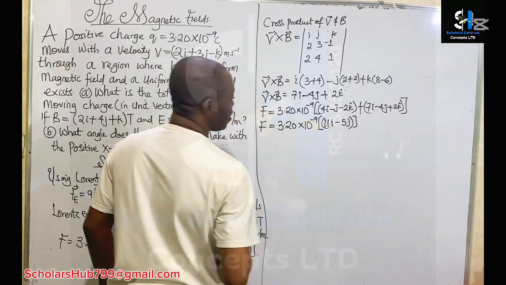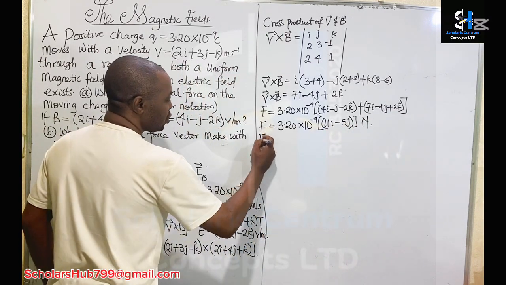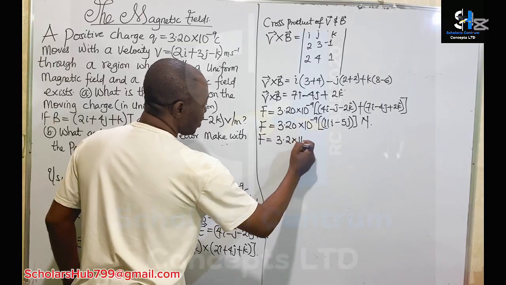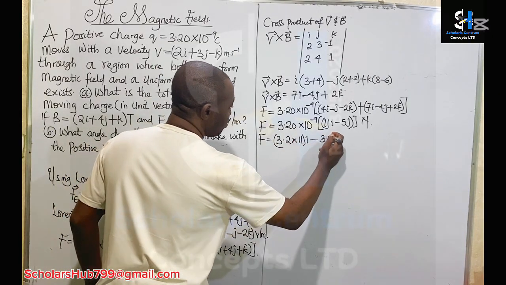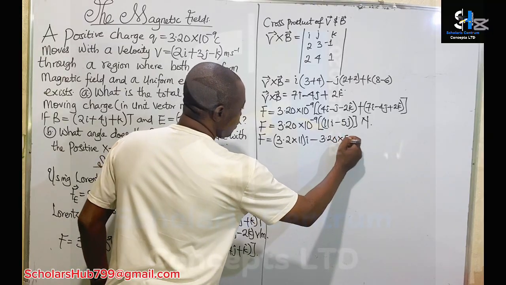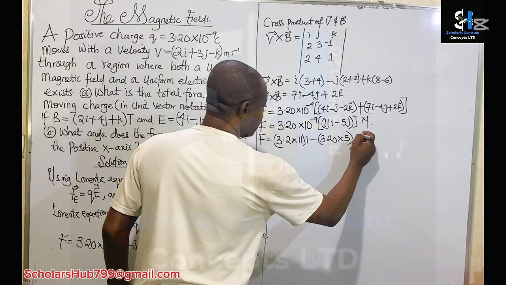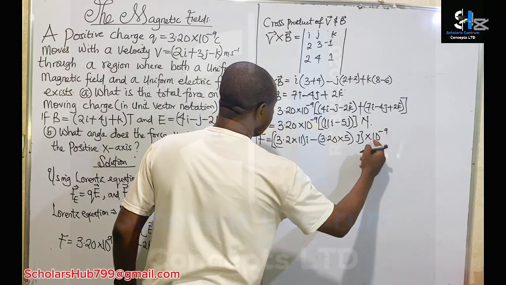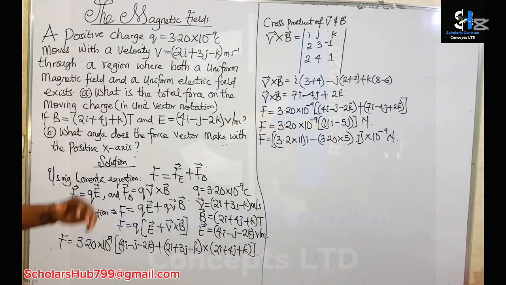So we can still multiply. Remember, the unit is in Newton. So F will be equal to 3.2 multiplied by 11, minus 3.20 multiplied by 5 j, close parenthesis, then multiplied by 10 raised to the power of negative 9 Newton.